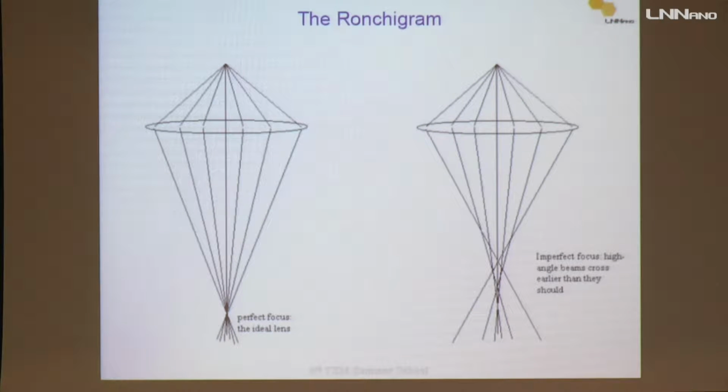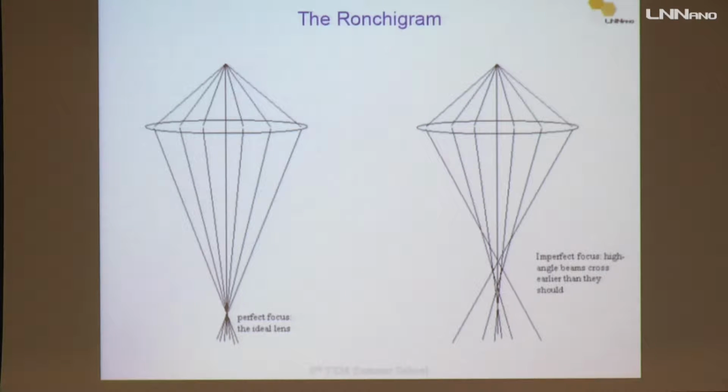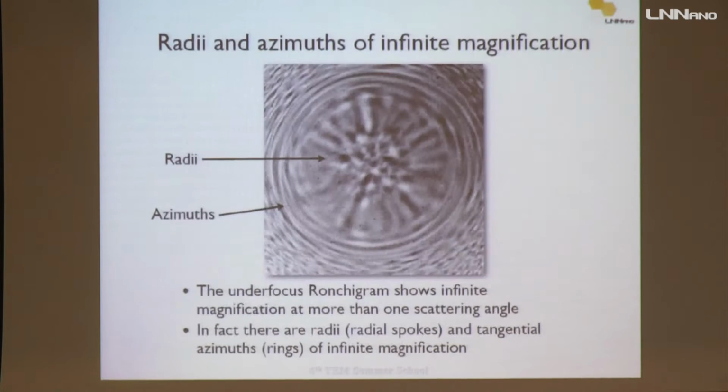Why do we have this appearance for the Ronchigram? I have another slide in front. Let me show. You can see some different regions of the Ronchigram. In the center of the Ronchigram, we have the infinite magnification of your material.